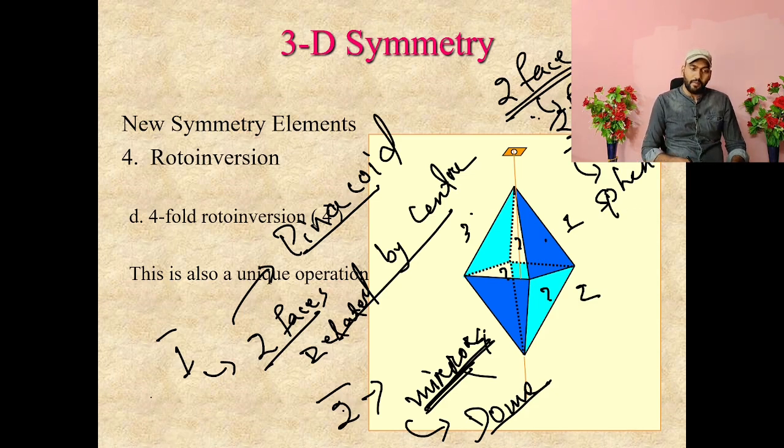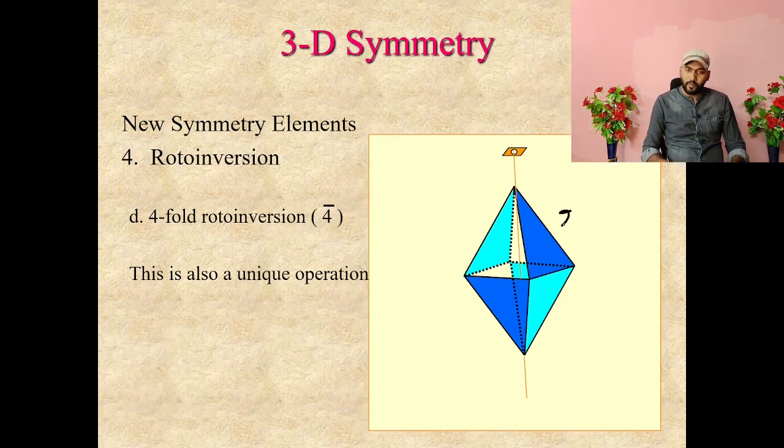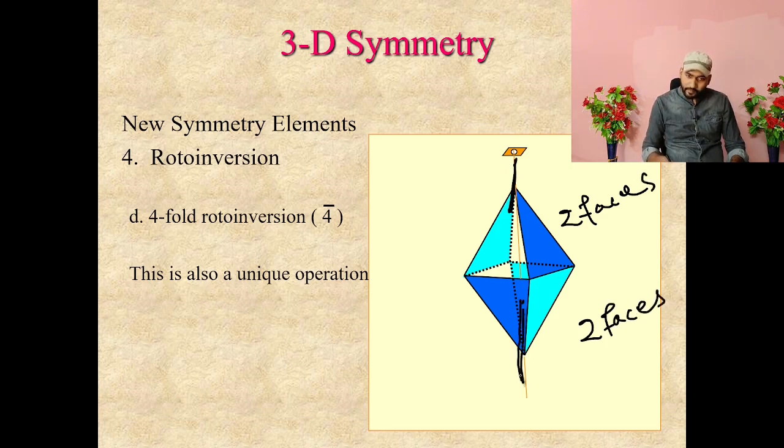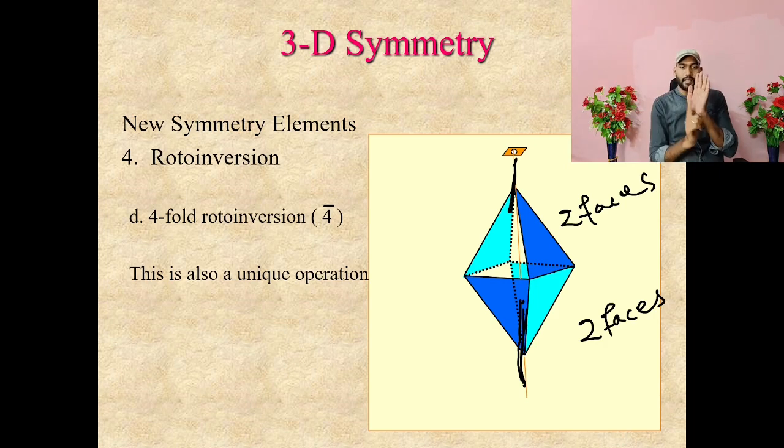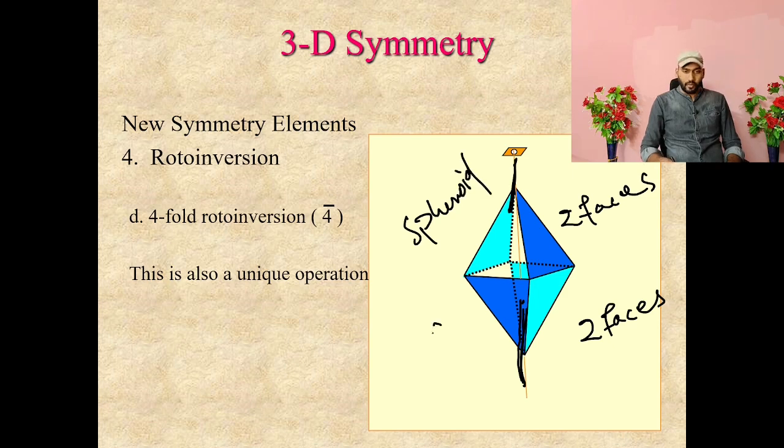So here we have two faces above, and in between them there is a two-fold axis, and two faces below, and there is a two-fold axis in between. Above there is a sphenoid, below there is a sphenoid, so it is a disphenoid.